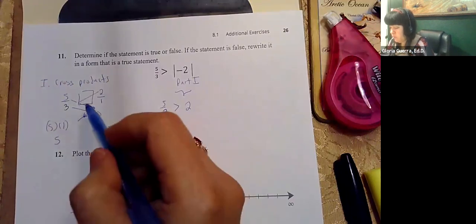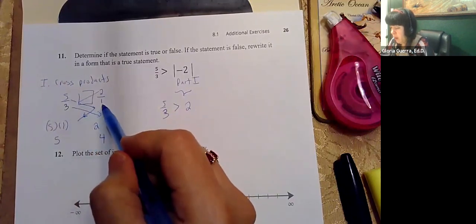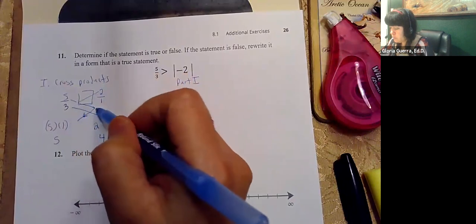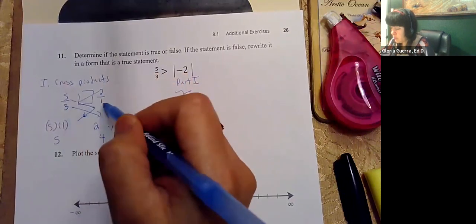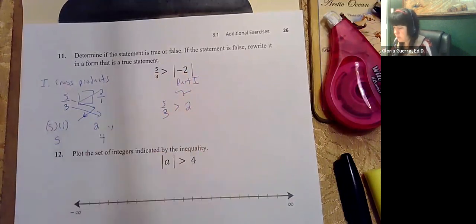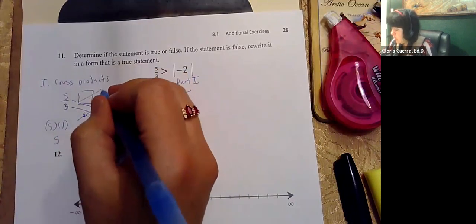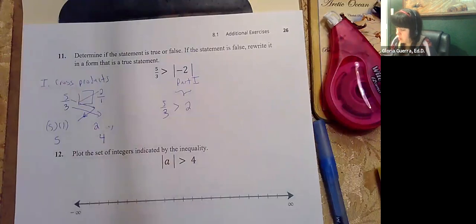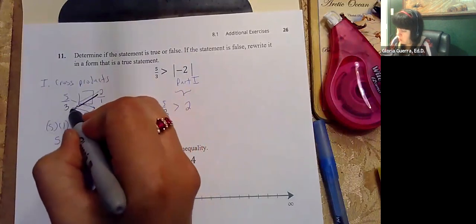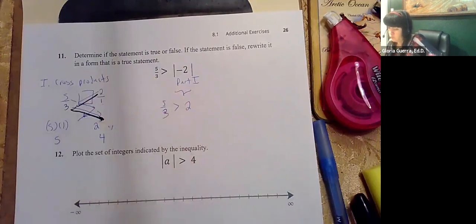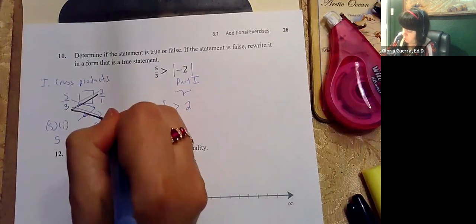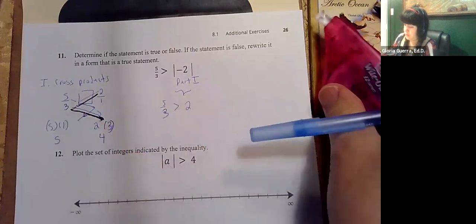I'm doing 5 times 1, which is 5, and then I'm going this direction. So that would be 2 times 3, which is actually 6.